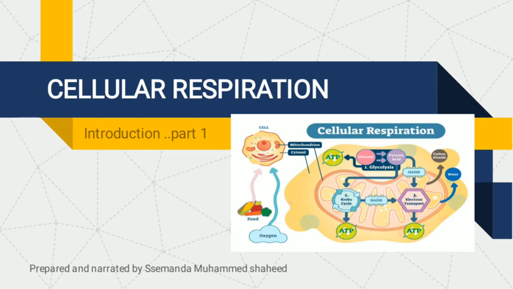In other words, all living organisms need energy for so many uses: to grow, to reproduce, to repair damaged structures, and this energy is obtained from two processes: aerobic and anaerobic respiration.